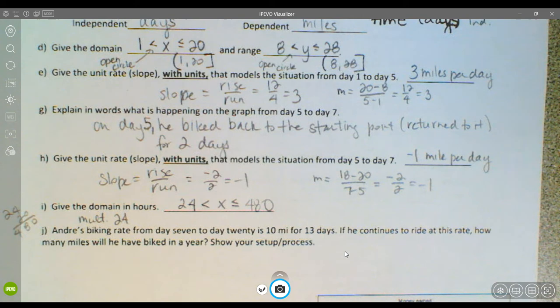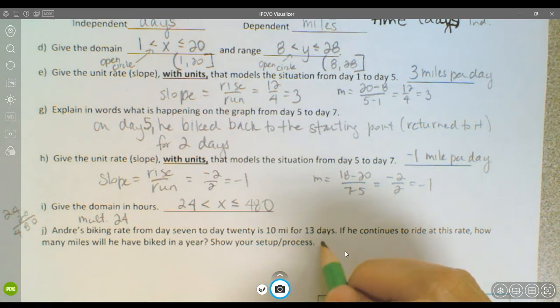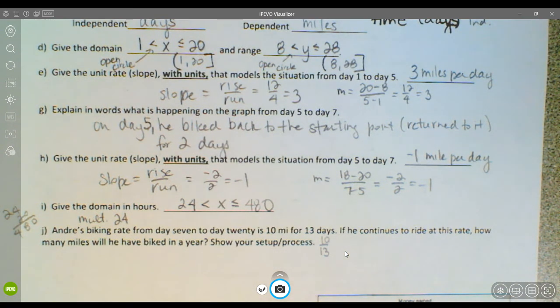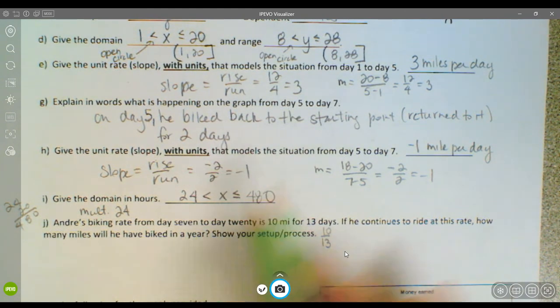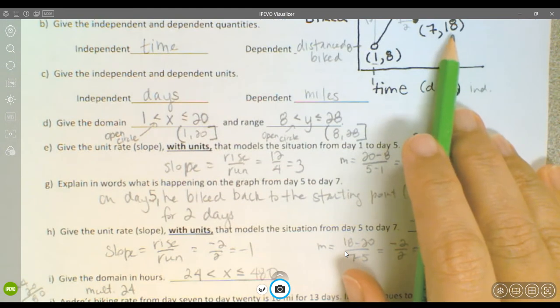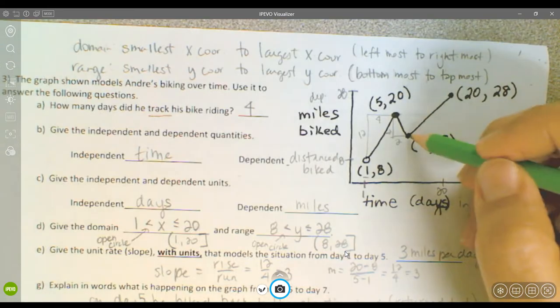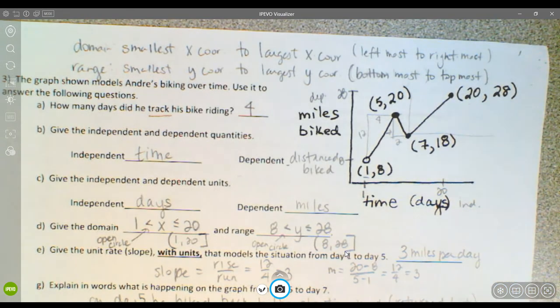Andre's biking rate from day 7 to day 20 is 10 miles for 13 days. So, we have a slope there, a rate. If he continues to ride at this rate, how many miles will he have biked in a year? So it's starting on day 7. So we want to just focus on the 18. So this is my new starting point. They're basically saying, all right, let's go from here.